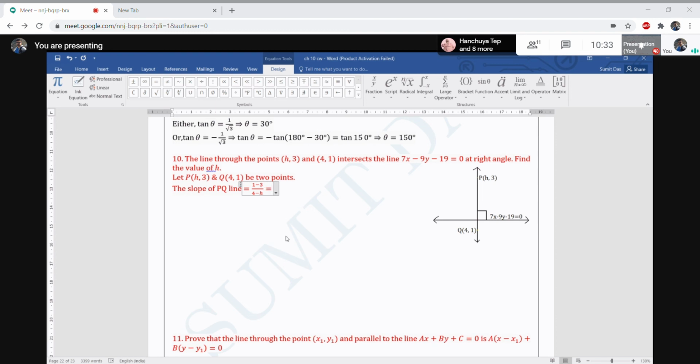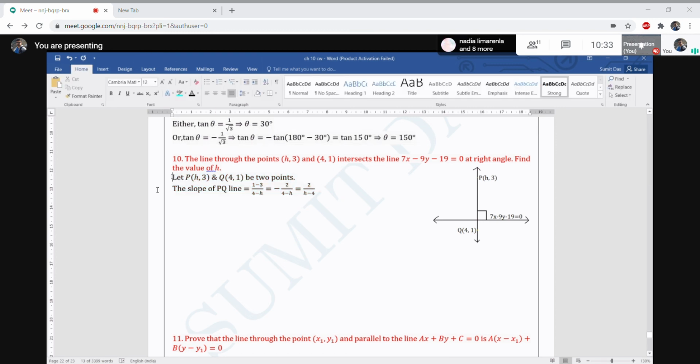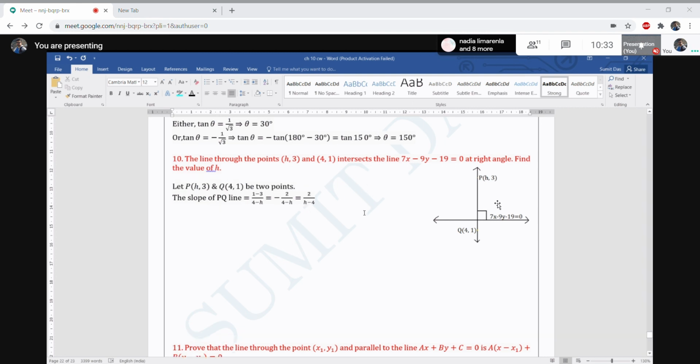If you simplify this one, it will be minus 2 divided by 4 minus h. If you simplify more, you will get 2 divided by h minus 4. I just take the minus common, so minus minus cancel. So this is the slope of PQ. Now I have to find the slope of this line.